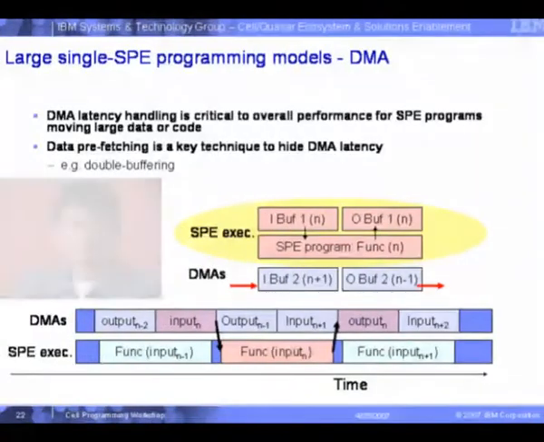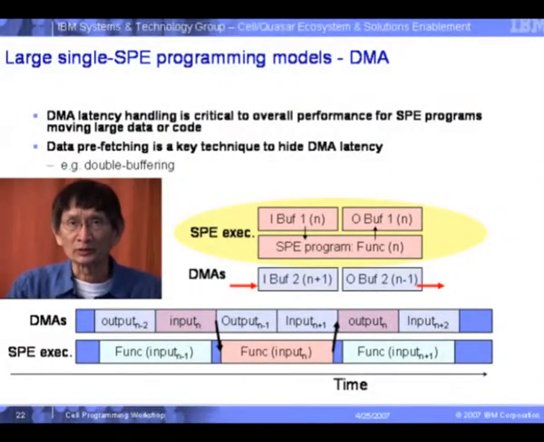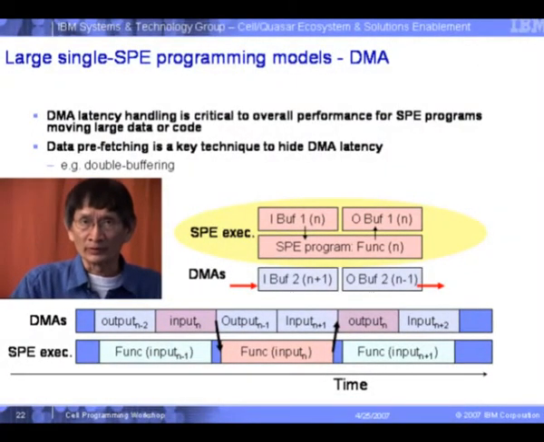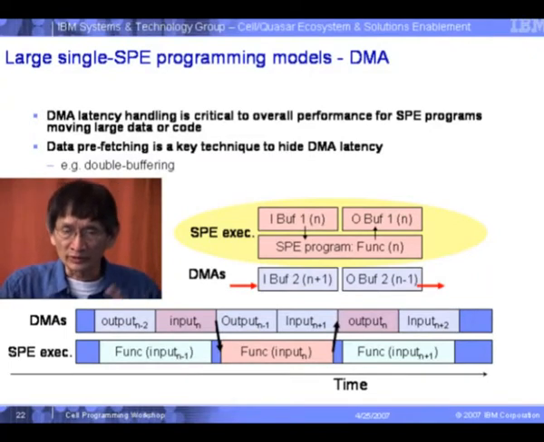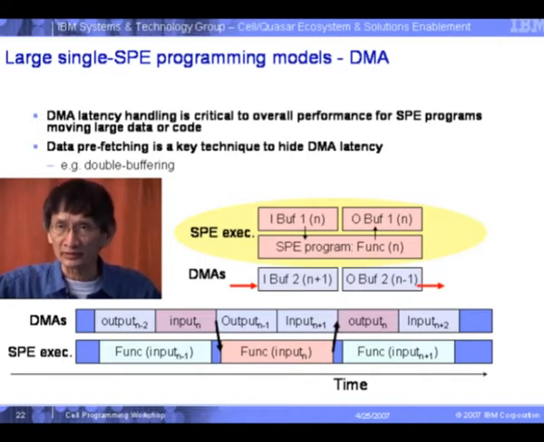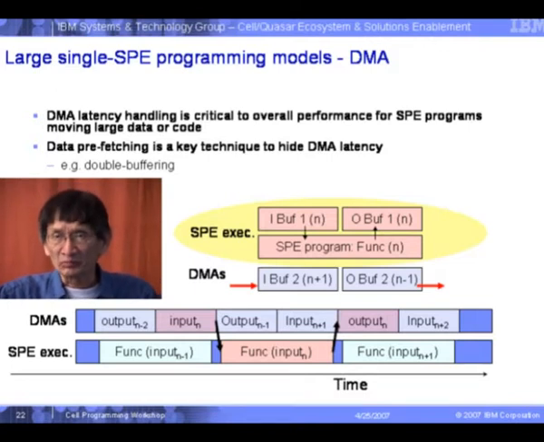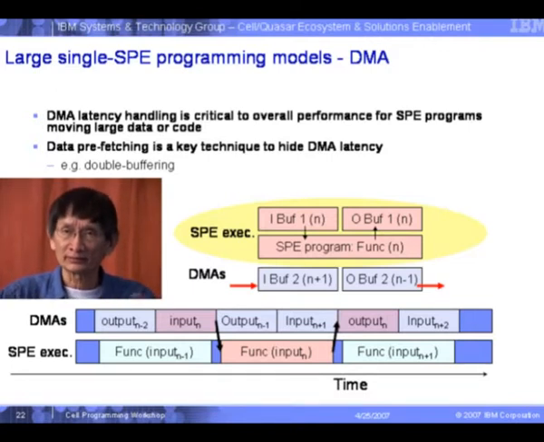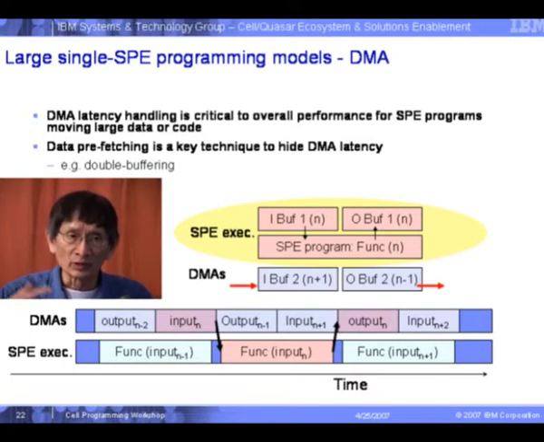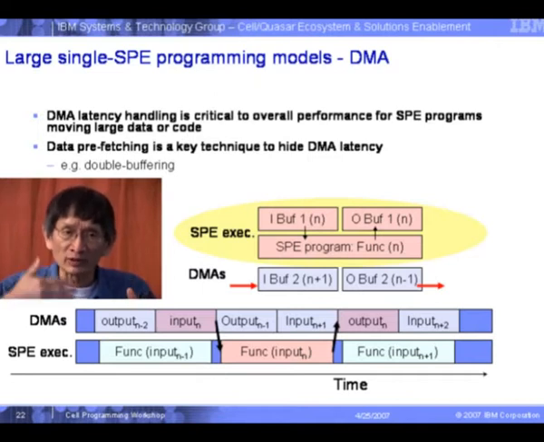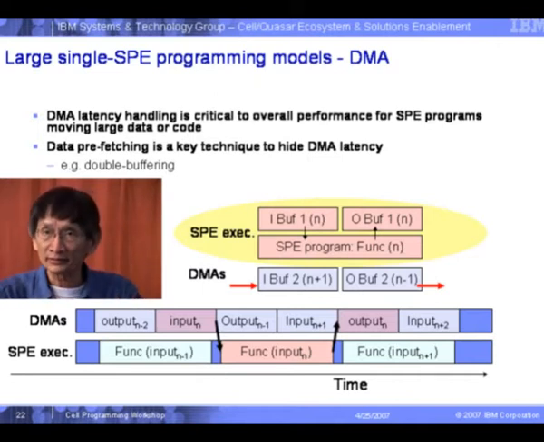We're also going to talk about another technique that allows you to hide the latency. This technique we call double buffering. In your traditional programming model, if you want to work with a large set of data, and you want to continuously access the data in such a way that any time you need the data, you have it, you can either load the data into a single buffer and access the buffer one piece at a time, right?